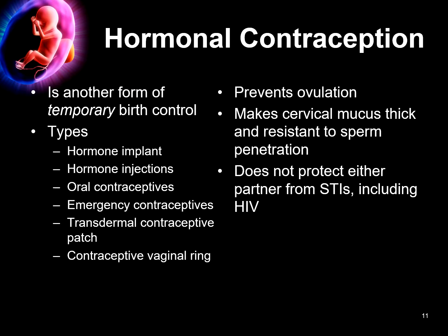With hormonal contraception, this is a form of temporary birth control. Some of the types of hormonal contraception include the hormone implant. There's hormone injections, such as Depo-Provera, that are effective for 14 weeks, and they need to be scheduled every 12 weeks so that there's not an interruption of the hormone that works within the woman.